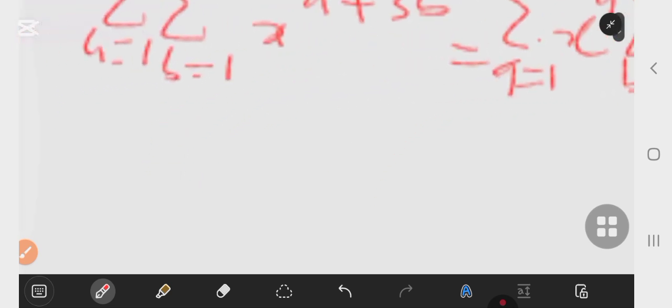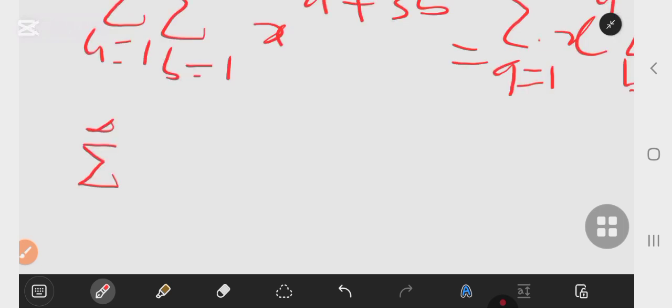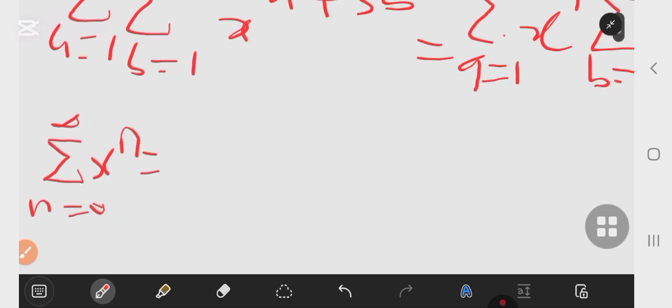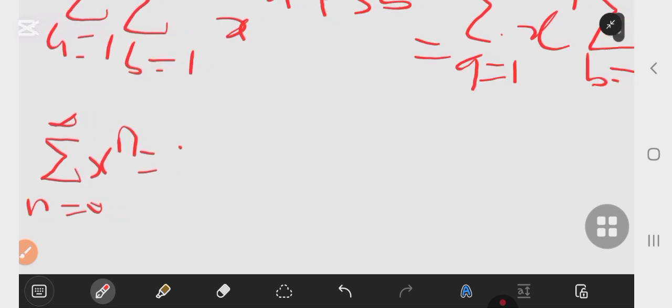If you know from the sum of a geometric series, the sum to infinity of n from 0 of x to the power of n, expanding this I'll have x to the power 0 plus x to the power 1 plus x to the power of 2 plus x to the power of 3.